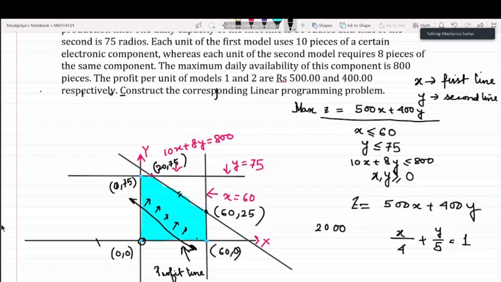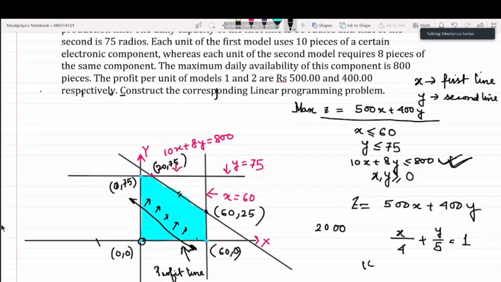Now, have you noticed that the slope of the profit line is the same as the slope of this line? Can you tell me the slope of this line in intercept form?